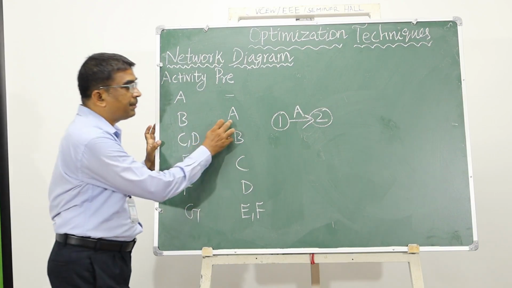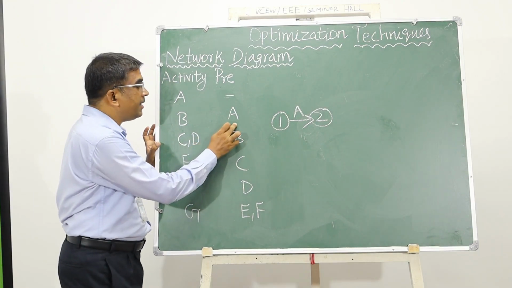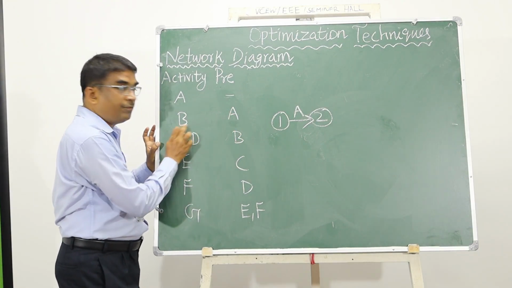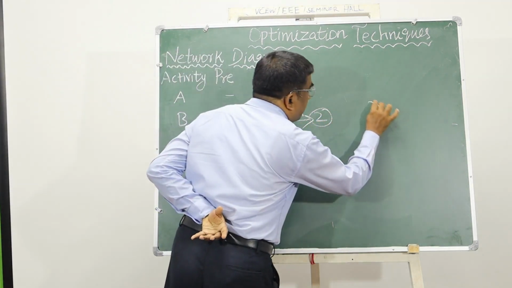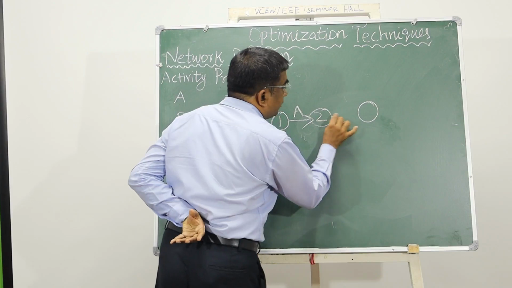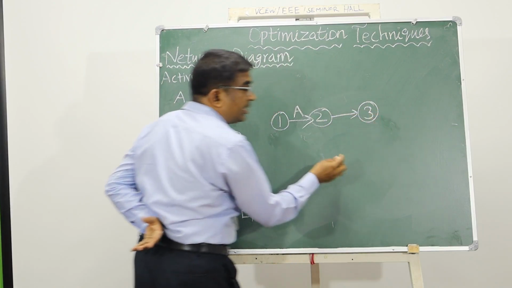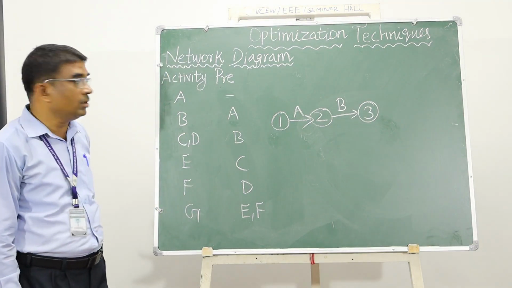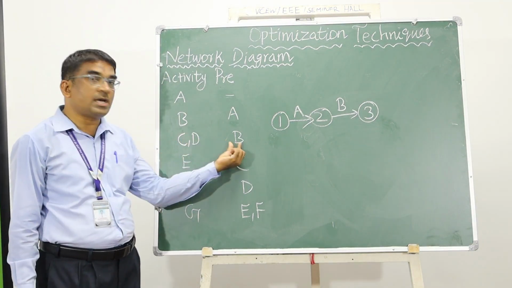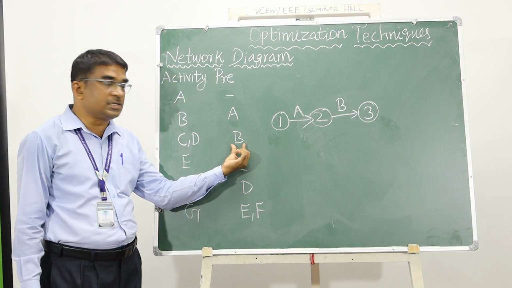Consider the predecessor is A, and from this A node we have activity B. So I can mark one more node, state 3, and this is activity B.